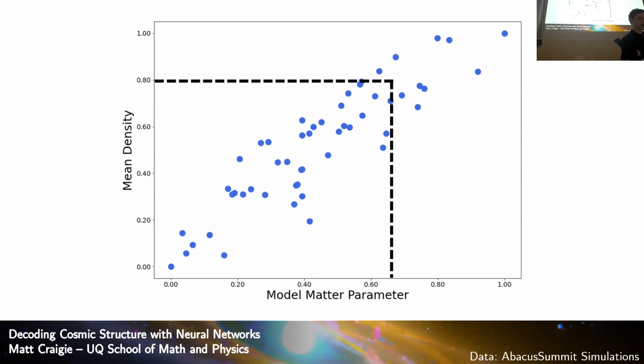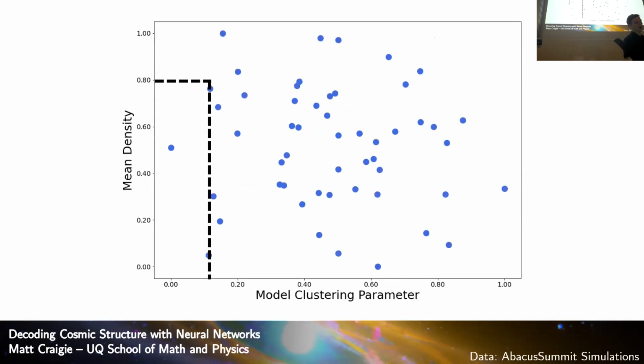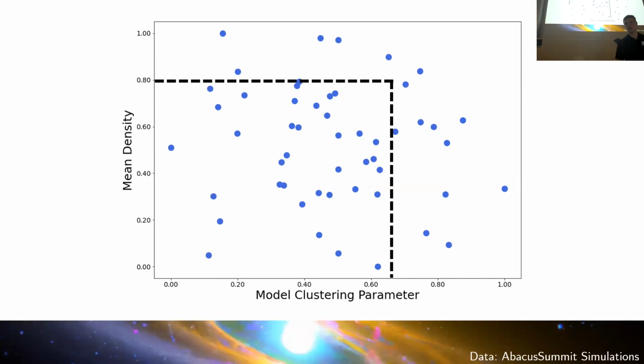Right, that mean density has given us useful information. But when we do this with a different parameter, say the model clustering parameter, sigma 8, if the mean density in the sky is 0.8, then maybe the model clustering parameter is about 0.2, maybe it's about 0.6. We don't really know. It doesn't contain that information.